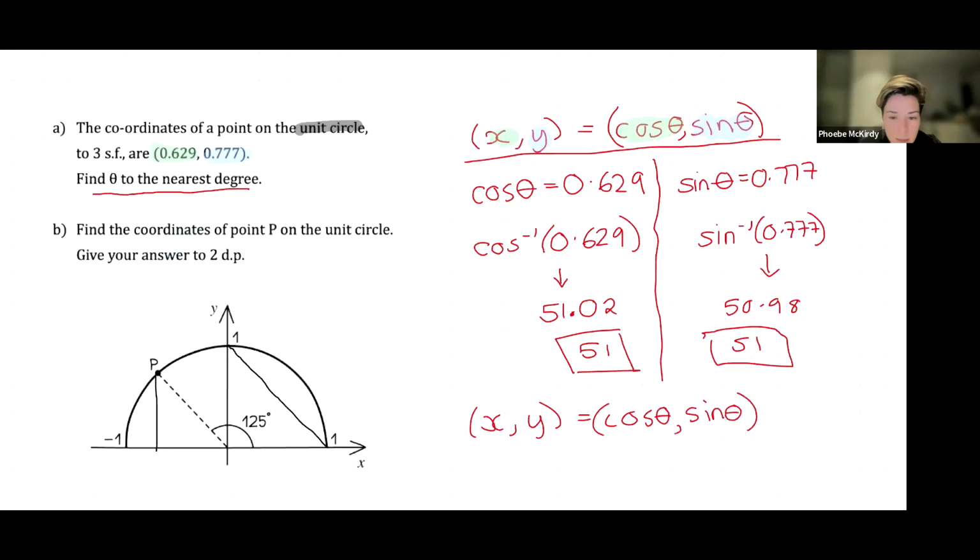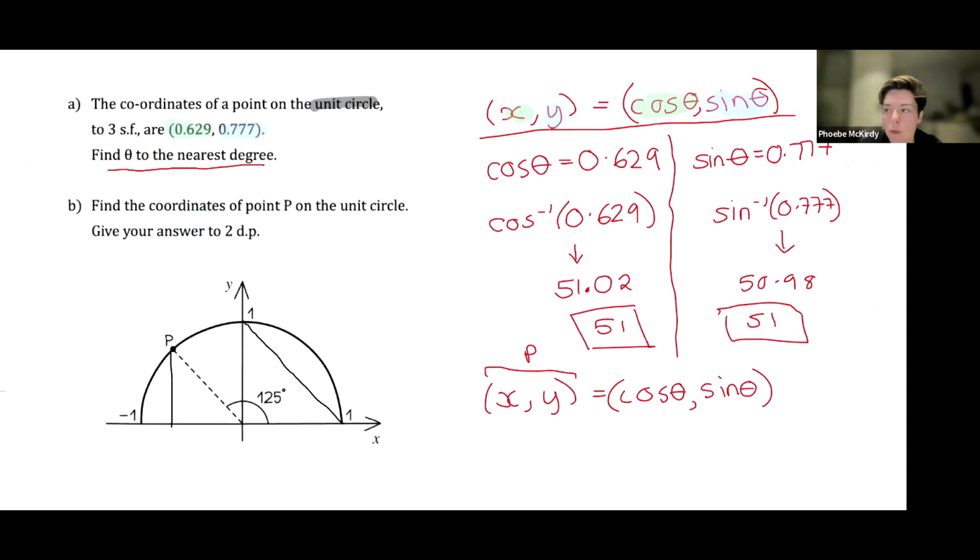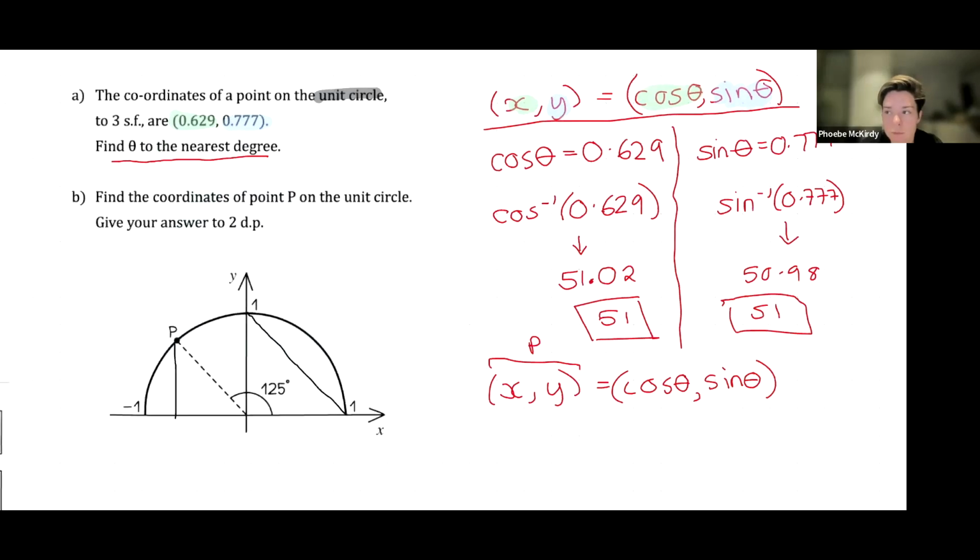And this basically is our point P that we're trying to find here. So we've got the 125 degrees there, and as P is on the unit circle, we know that this is definitely applicable.